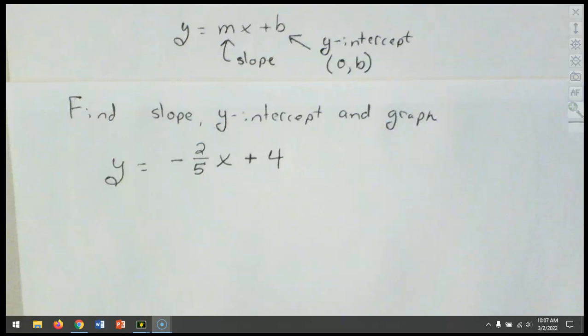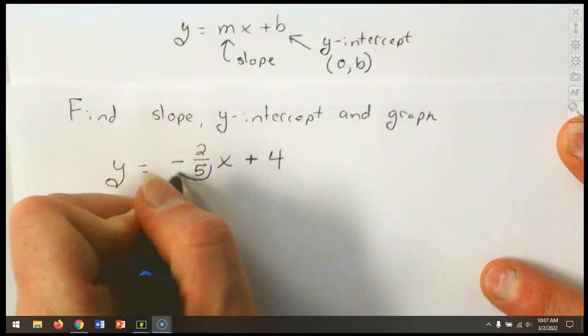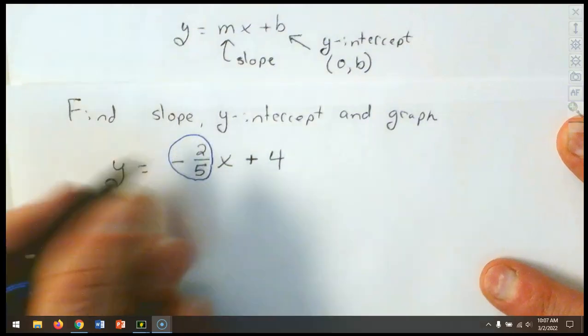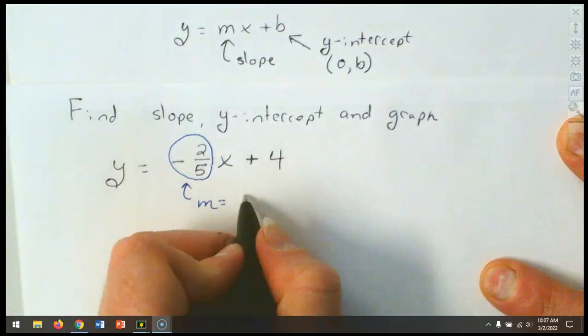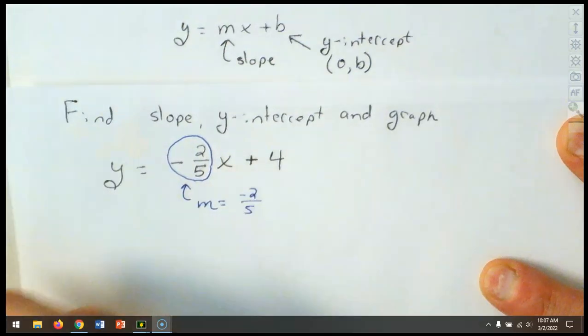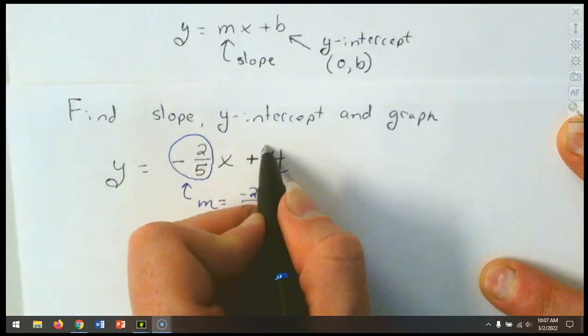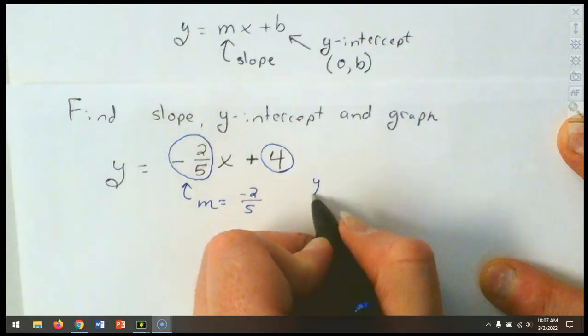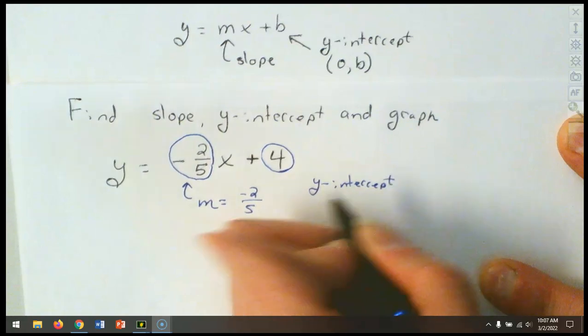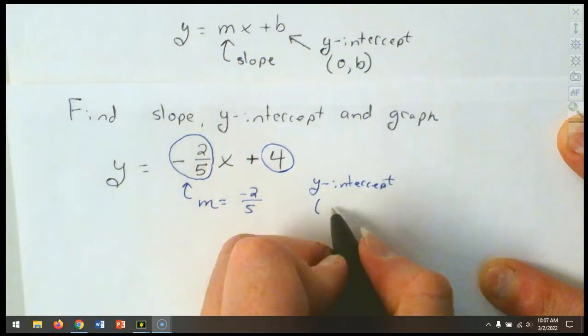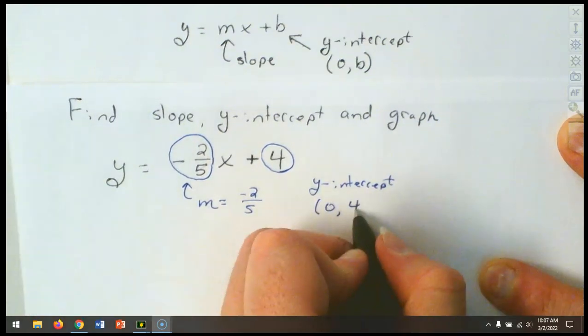Now we look at the number in front of the x. So that means my slope is going to be -2/5. And this 4 represents the y-intercept, and we always want to write that as an ordered pair. So that's going to be (0, 4).